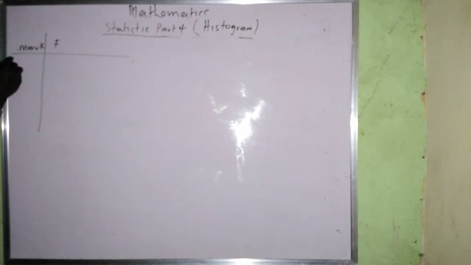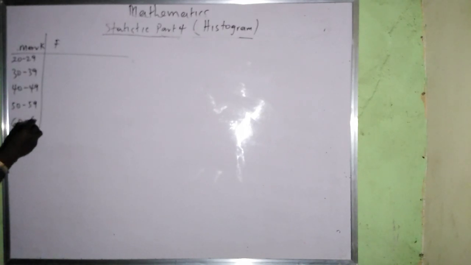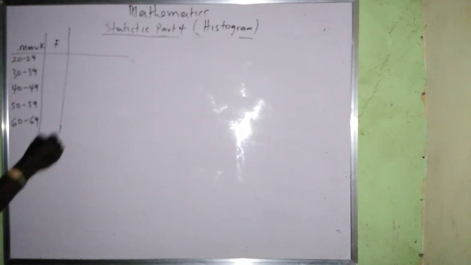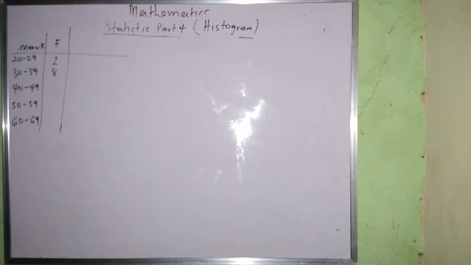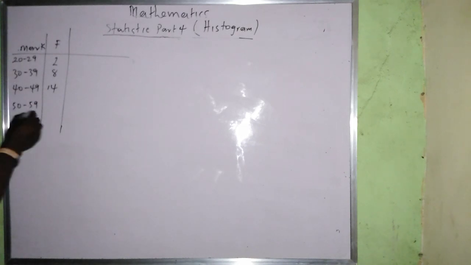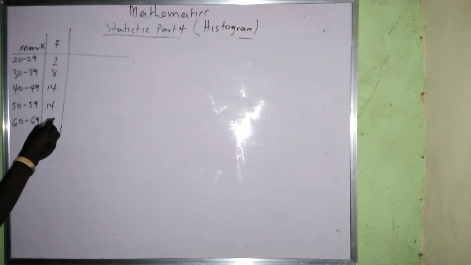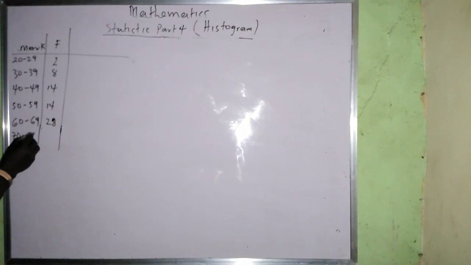I have class marks 20 to 29, 30 to 39, 40 to 49, 50 to 59, 60 to 69, 70 to 79, and 80 to 89. And I have frequencies 2, 8, 14, 28, and so on, then 10, and 4.